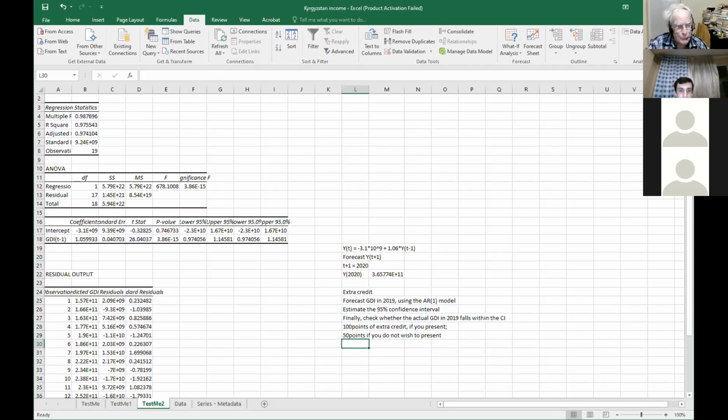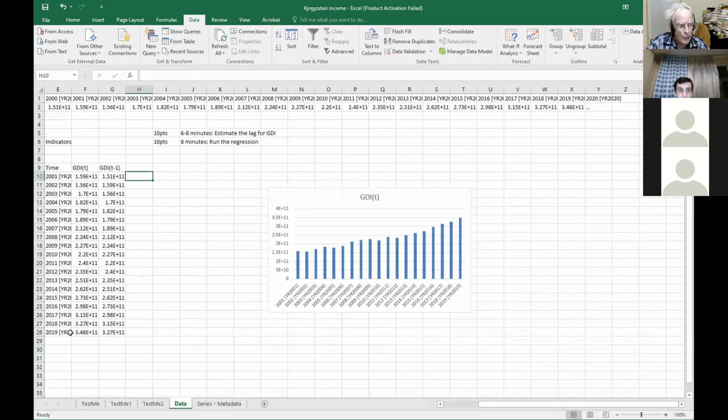So you have data already for 2019, so you can check the accuracy of the model against the actual value for 2019. Oh, so you take the data from 2001 till 2018 and forecast the value for 2019. Exactly. Okay, that's right. Good.